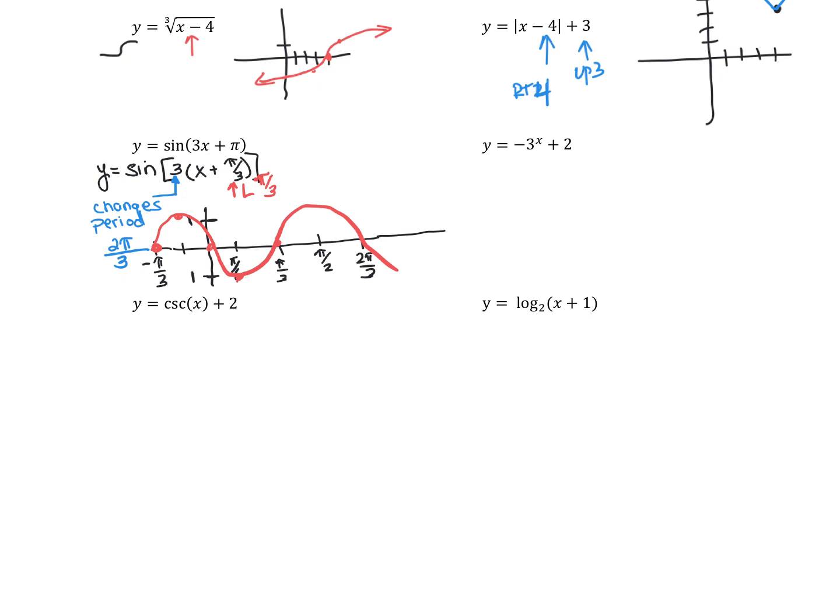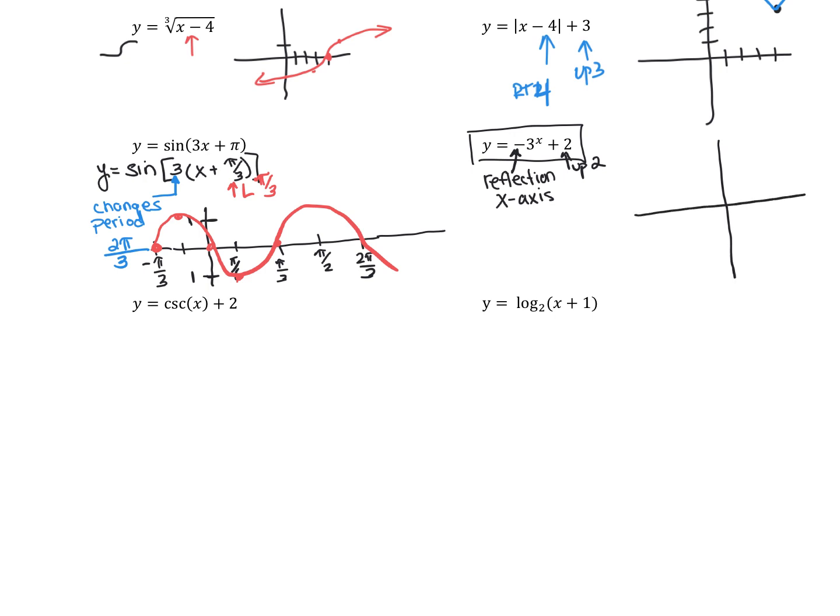Okay, for our next one here, we have an exponential function. And we've done a couple things to it. We've shifted it up 2, and we've also, if you look here, reflected it, and since the negative is in front of the function, it's going to be reflected over the x-axis.